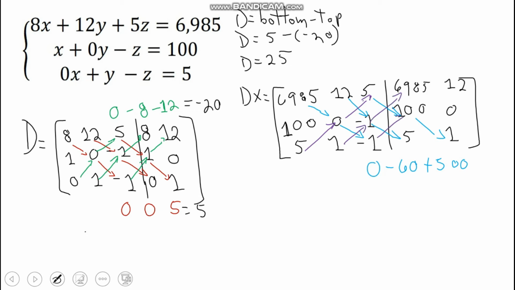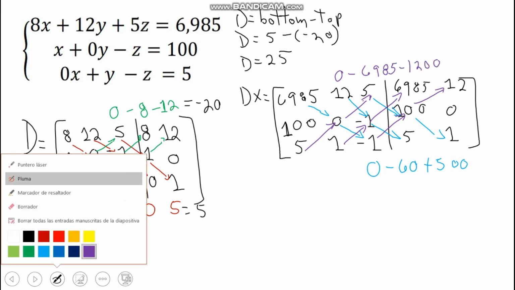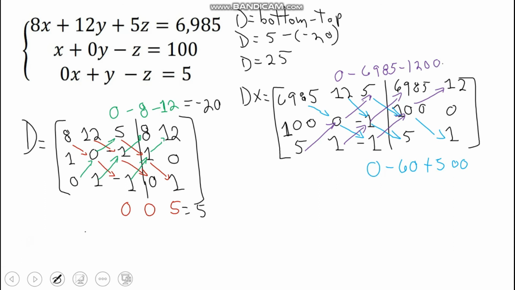And we will also multiply from bottom to top, which is 5 times 0 times 5 is equal to 0, 1 times negative 1 times 6,985 is equal to negative 6,985, and negative 1 times 100 times 12 is equal to negative 1,200. Now we will add the upper terms, which give us negative 8,185, and the bottom terms, which give us 440.